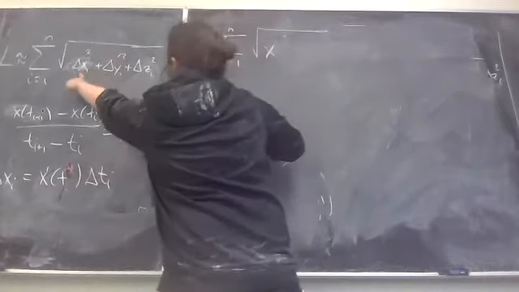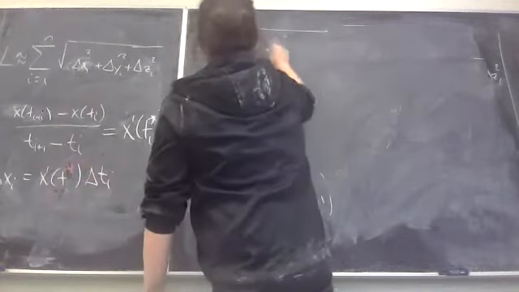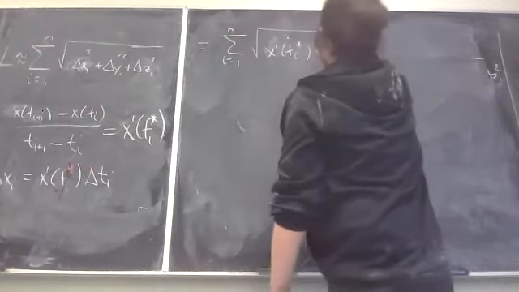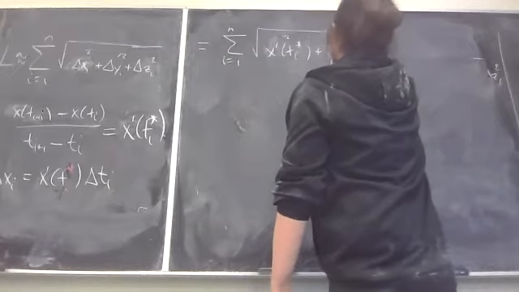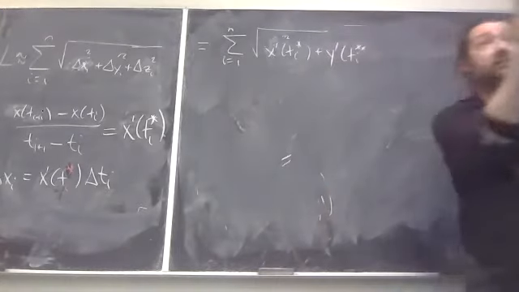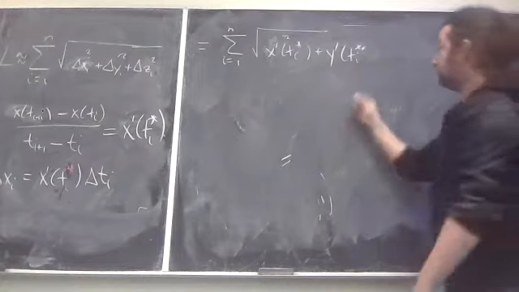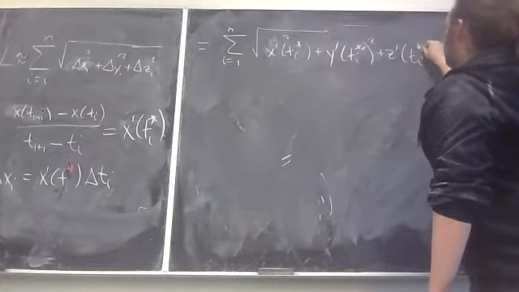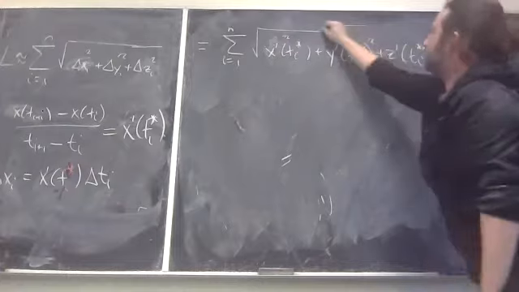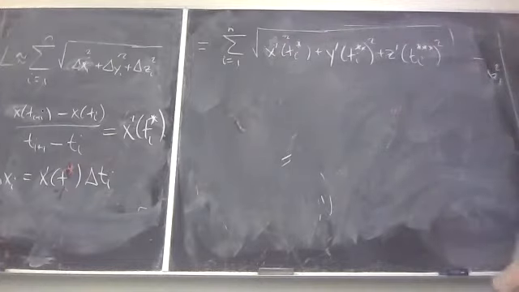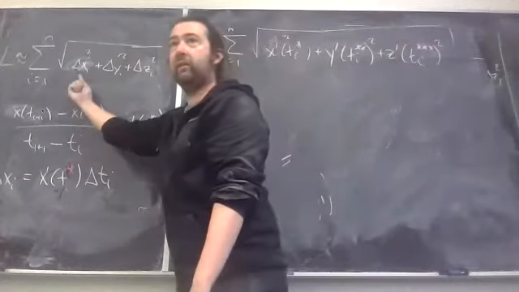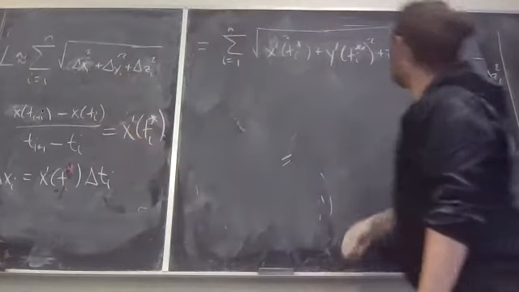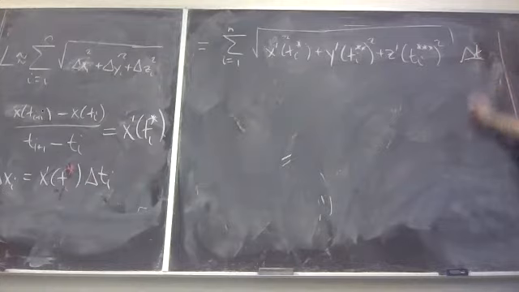So we get x prime of t_i star squared plus y prime of t_i star star, it's a different value of t, but it still lives inside that little tiny interval, plus z prime of t_i star star star squared. And then where did the delta t's go? Well, the delta t_i was squared and squared and squared. So we just factor it out. Take the square root.